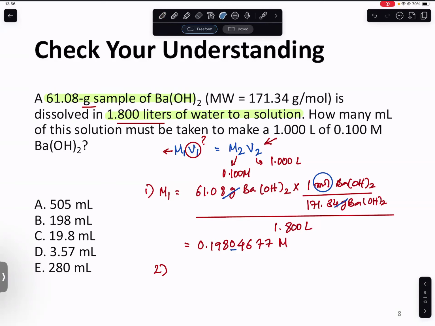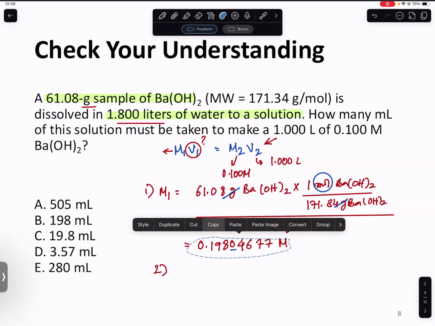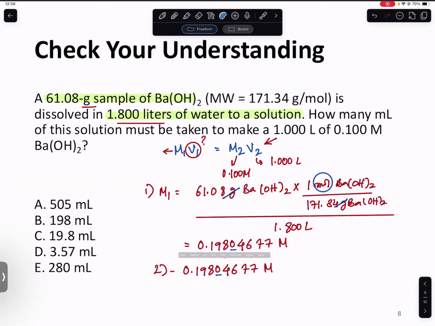So I'm going to copy and paste this right here. And then times V1, the initial volume right here is what I want to find, equals the 0.100 molar times the 1.00 liters. All right.